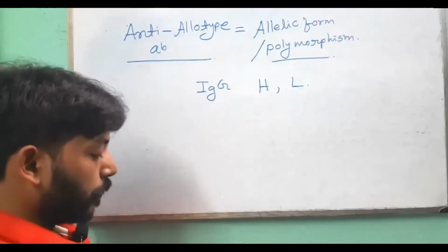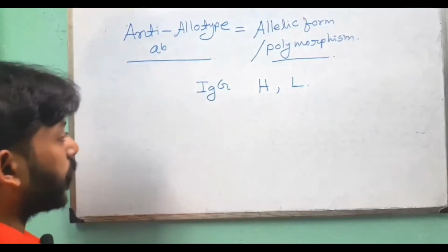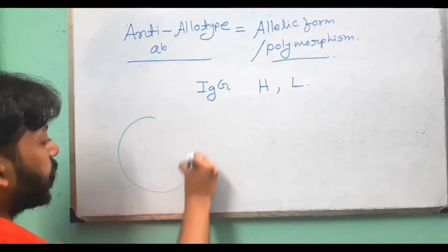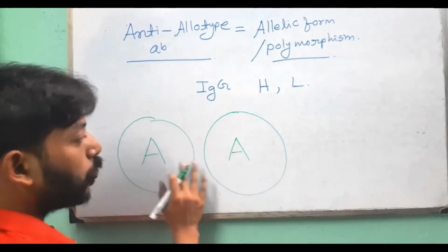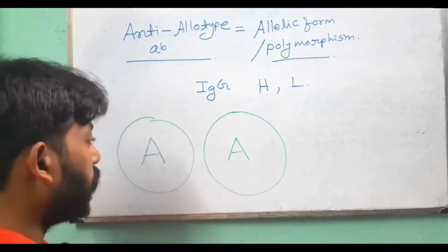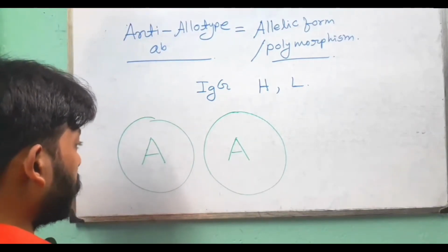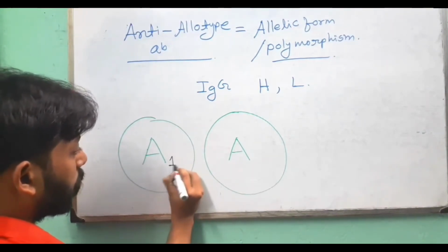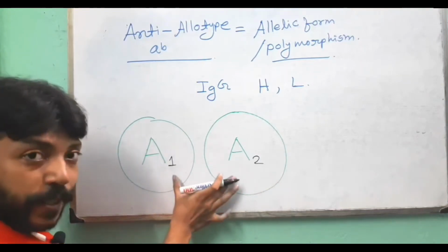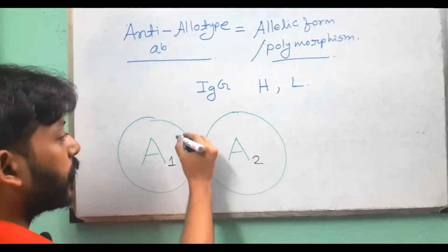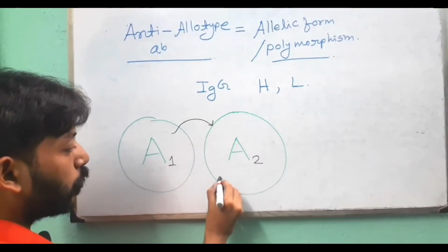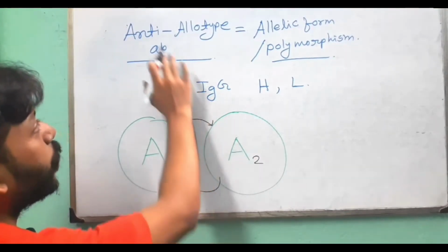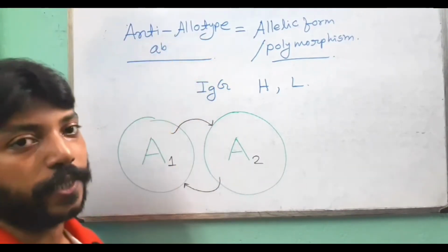Let's assume this is the same species, species A and species A. These are two of the same species but two different individuals. This is A1 and A2, same species but different individuals. If we transfer antibody from these two different individuals, they will develop anti-allotype antibody.